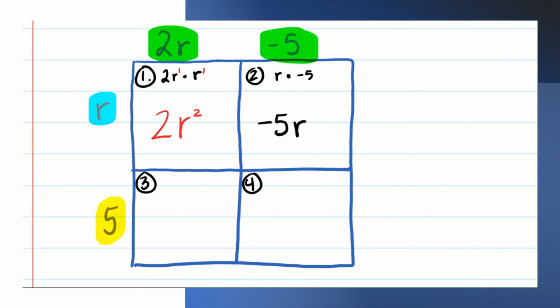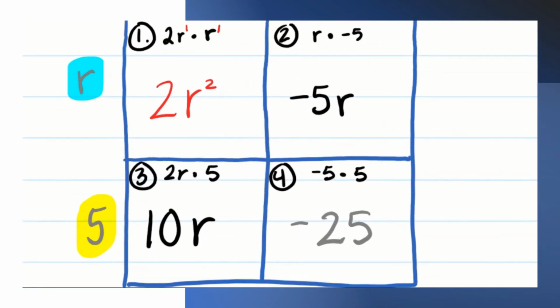Then to get box 3, we multiply the top, which is 2r, times the side, which is now 5. So 2r times 5 is 10r. And lastly, to get box 4, we multiply the top of box 4, which is negative 5, with the side of box 4, which is 5. So negative 5 times 5 gives us negative 25.